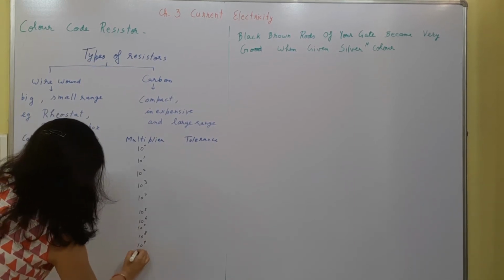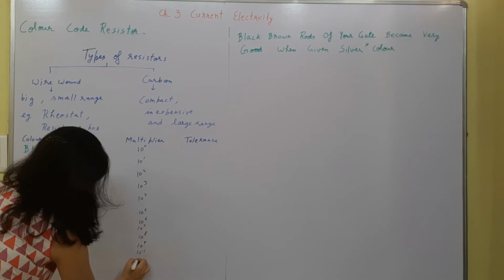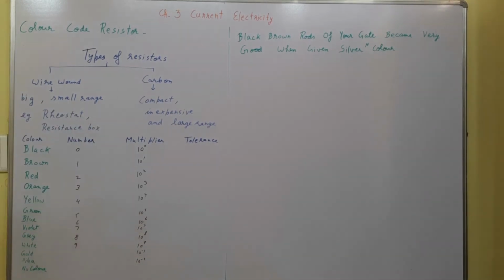For gold it is 10 to the power minus 1, and for silver it is 10 to the power minus 2.